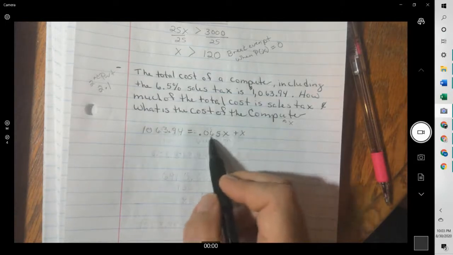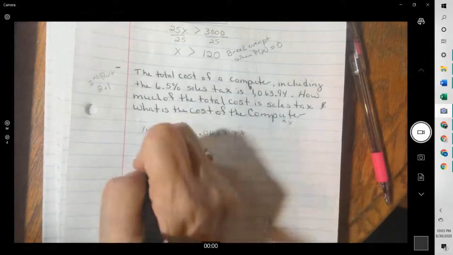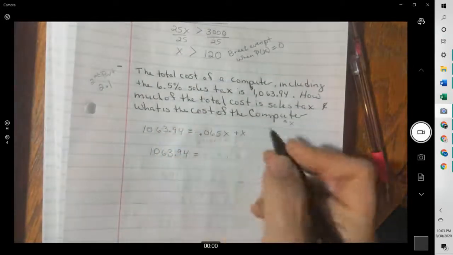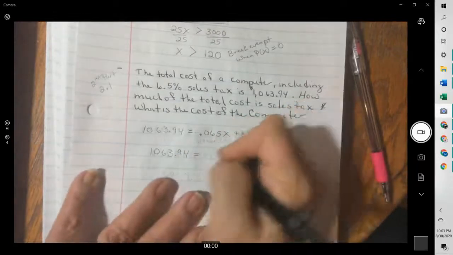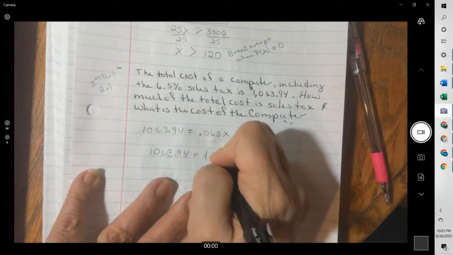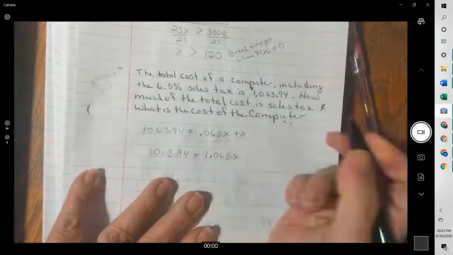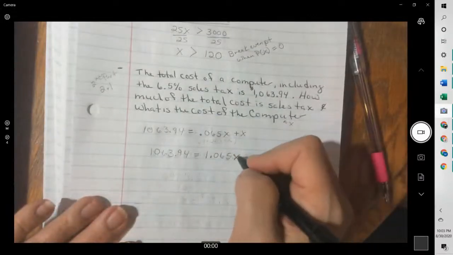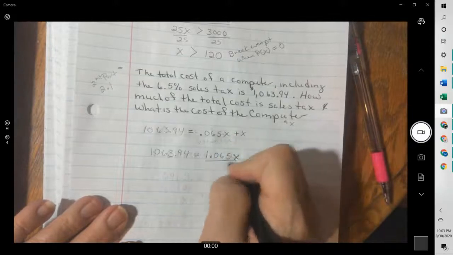So we can add these together first. When we add them, because this is a 1, you get 1.065x. We're solving for x. To get it by itself, we divide by the decimal, 1.065.